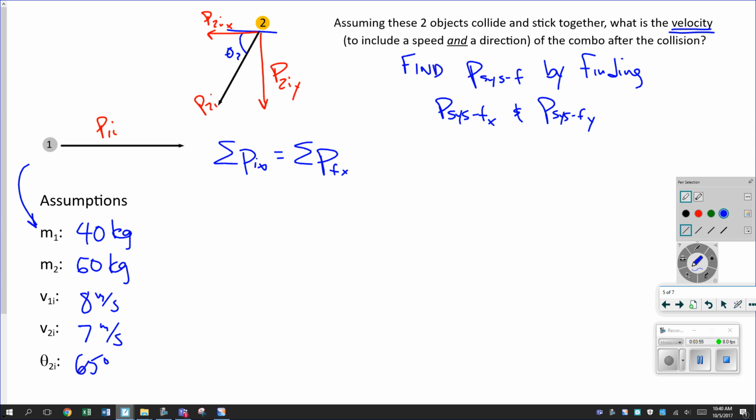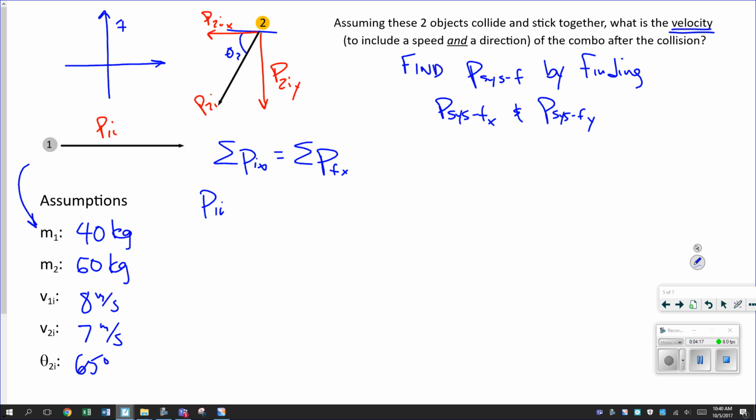So again, let's look at our diagram. All the initial x momentums. Well, there's P1 initial, and we don't even have to say x, because the whole thing points in the x direction. And then we've got P2 initial x pointing in the opposite direction. Well, that means we've got to be clear about the sign convention we're using. I'm going to use a standard convention where up is the positive y direction, right is the positive x direction.